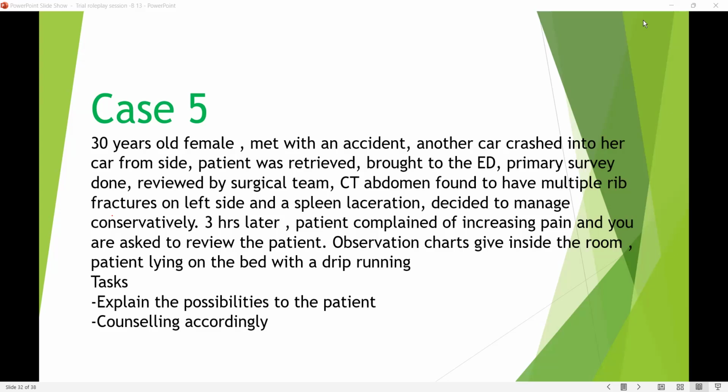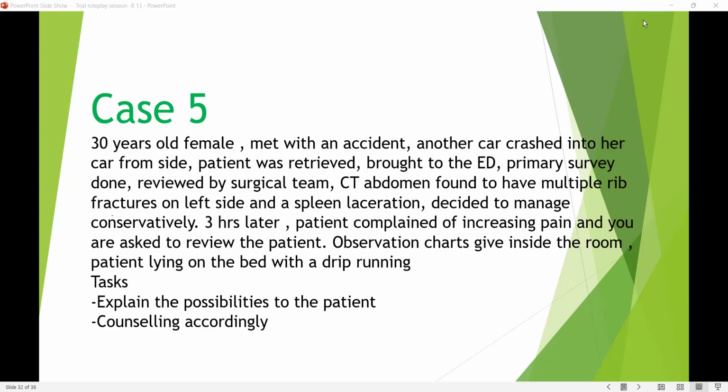Okay, thank you, examiner. Based on this finding, it seems like my patient is hemodynamically not stable. So, I want to transfer this patient to the resuscitation cubicle and continuously monitor his vital signs. I can see that the patient's IV has already been opened, so that is good.